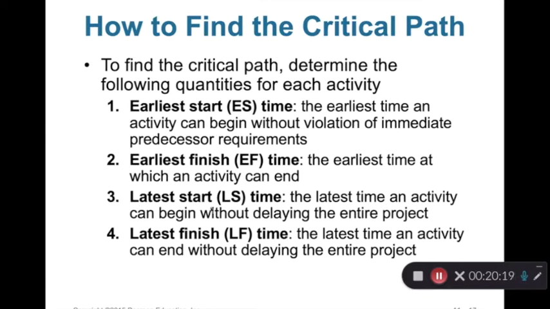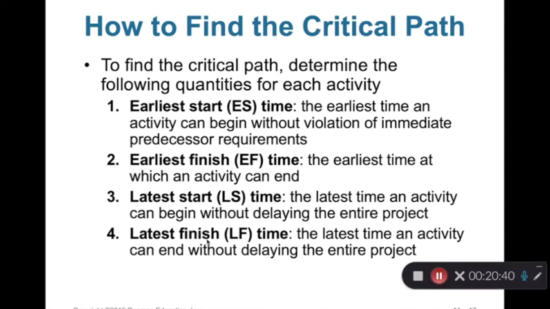Number 3. Latest start time, short for LS, the latest time an activity can begin without delaying the entire project. Number 4. The latest finish time, short for LF, the latest time an activity can end without delaying the entire project.